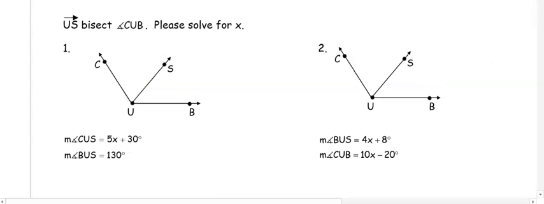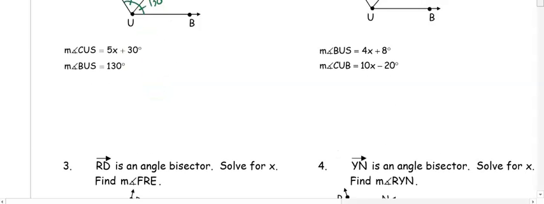So in number 1 and number 2, US bisects angle CUB. So as soon as I see bisects the angle, I'm going to label that those angles are cut in half. So we know that CUS is 5x plus 30, and we know that BUS is 130.